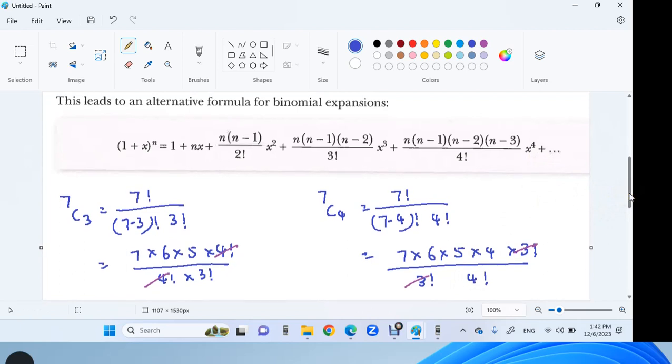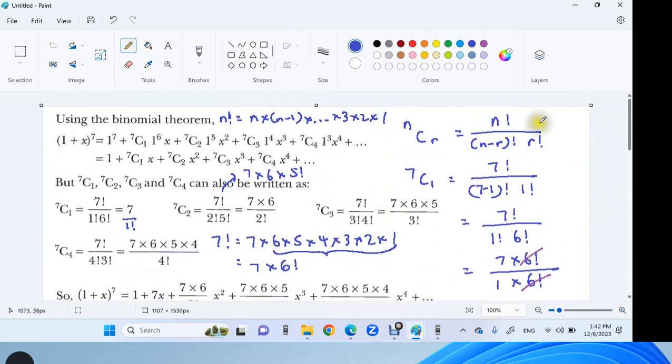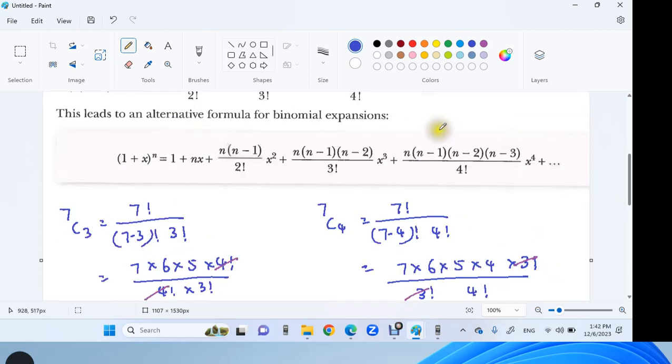So this is binomial expansion. Actually we are solving the same question, just using different methods. So this is the third method. The first method we used Pascal's triangle, the second is binomial theorem, and now we are using binomial expansion.